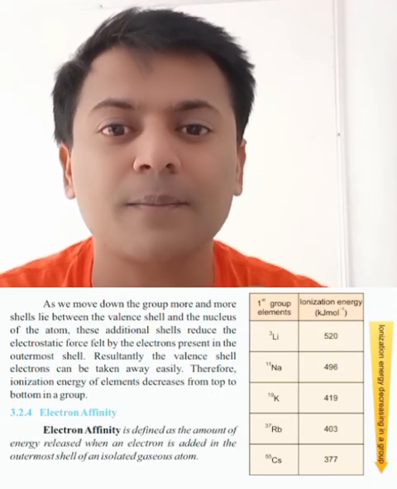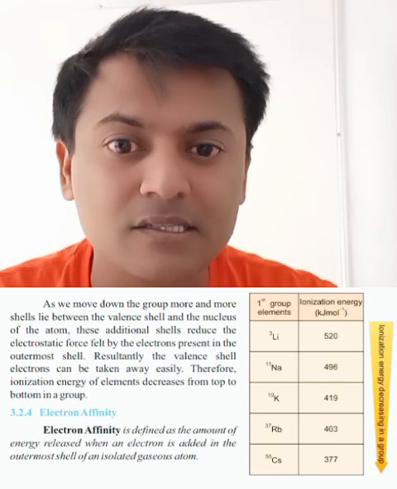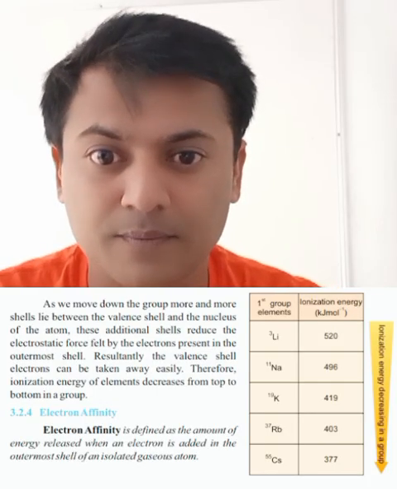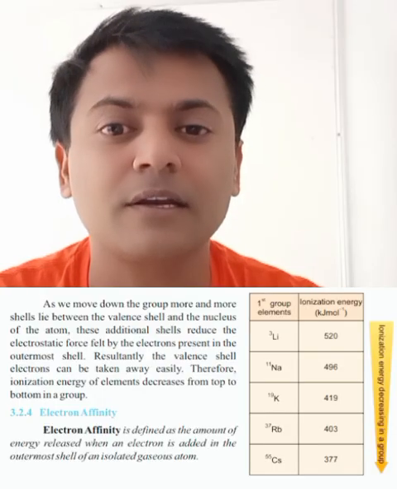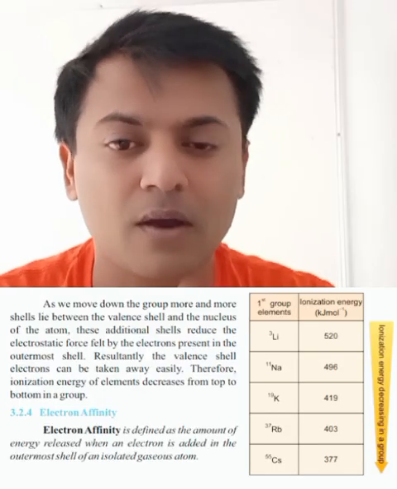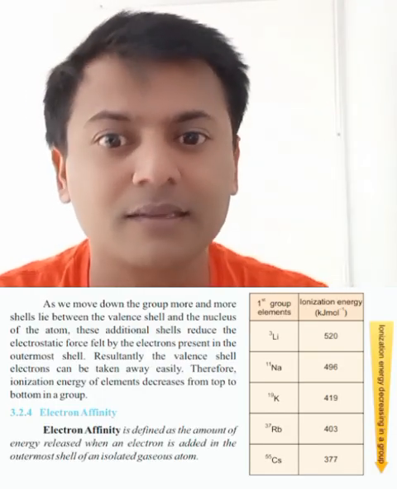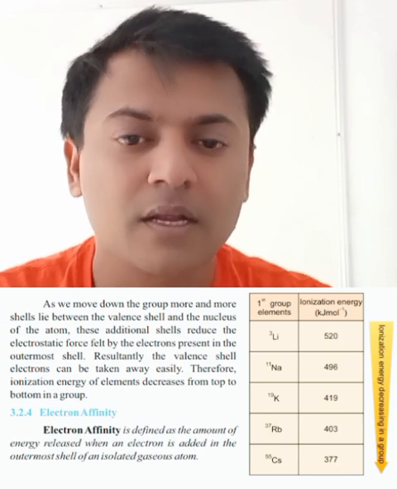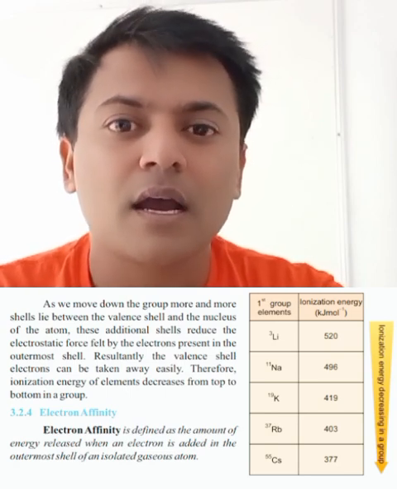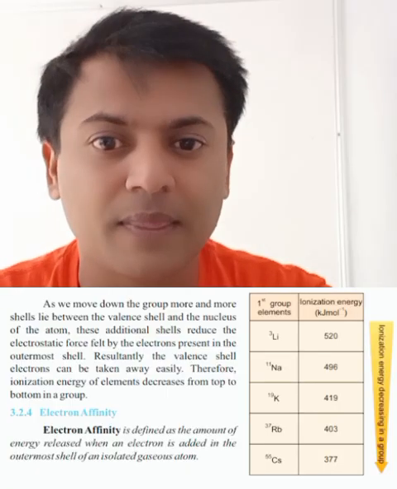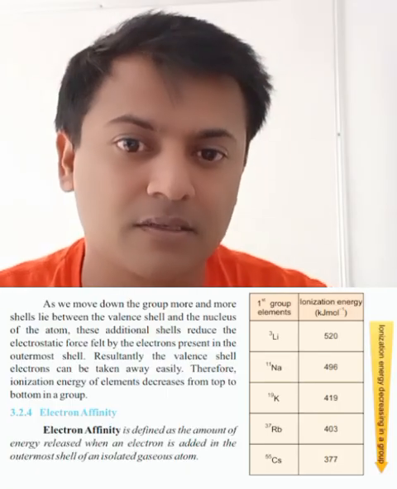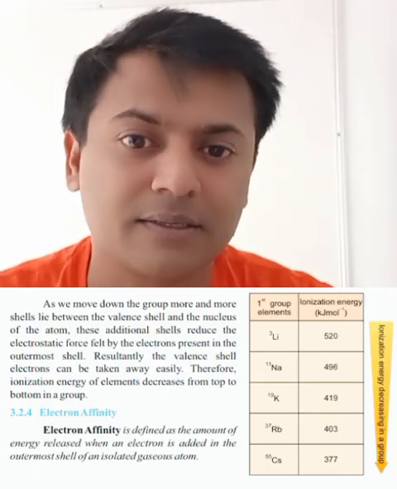It means that to remove the valence electron from any element, it will require less energy from top to bottom in the group. So this is ionization energy in period and in group, and we saw the trend.